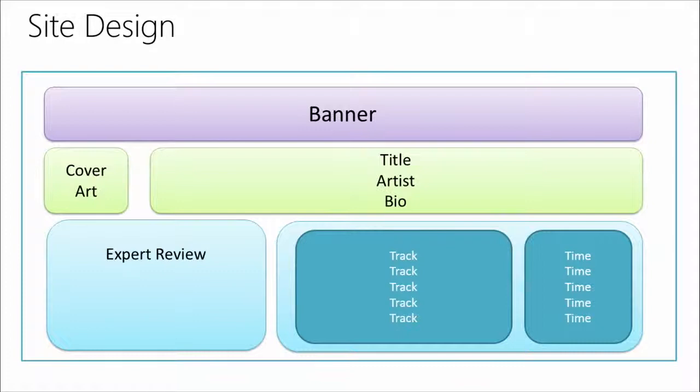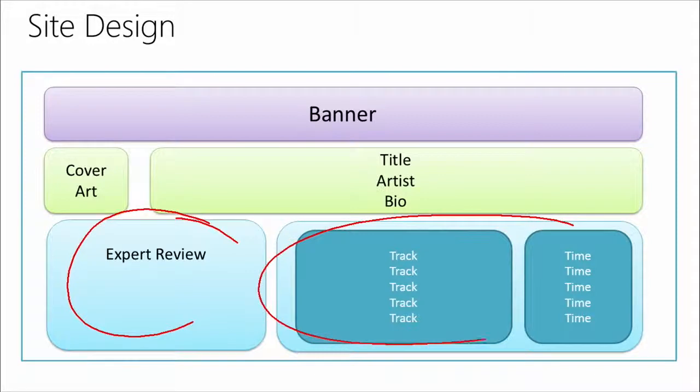Exactly. Because this works just fine on a big device. My expert review here, my tracks here. But one of the things we've highlighted is that when we're on a smaller device, we want to make sure we highlight the important stuff. Now, if I'm just looking up information on an album, which is going to be more important, the review or the track data?